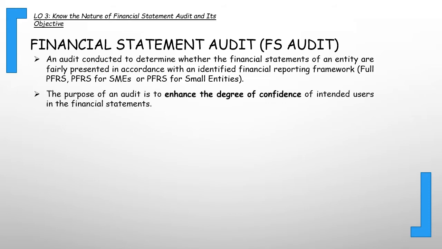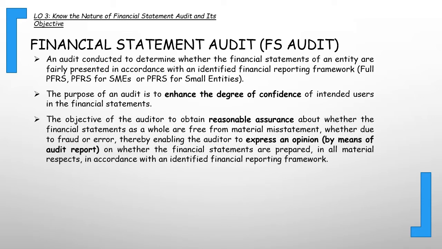Next is, the purpose of an audit is to enhance the degree of confidence of intended users in the financial statements. Yung intended users natin, yung tinutukoy natin is yung external users. Okay? Then, the objective of the auditor is to obtain reasonable assurance. Okay? Reasonable, not absolute, because of the inherent limitations of the audit.